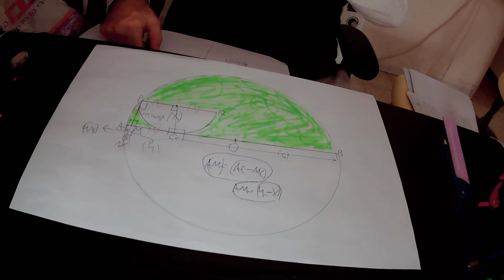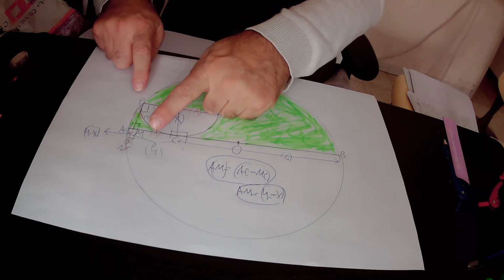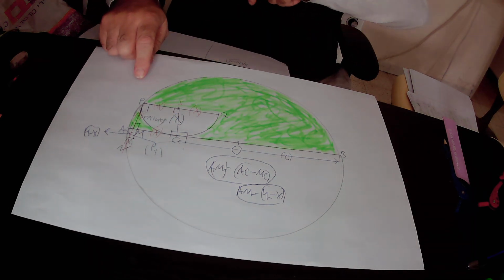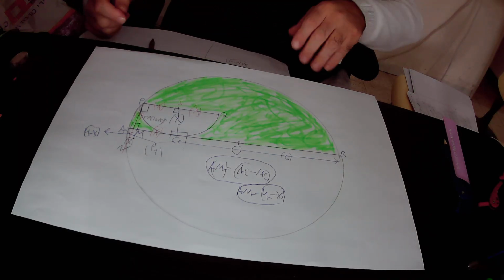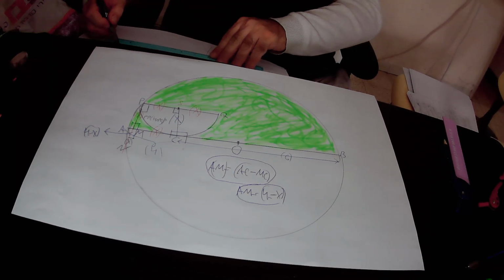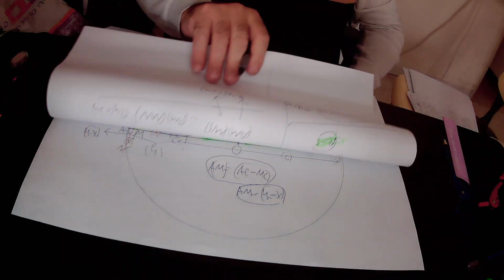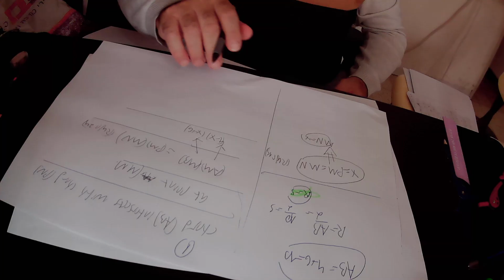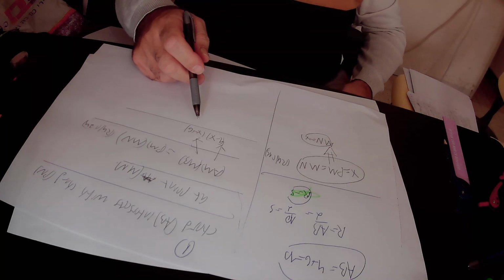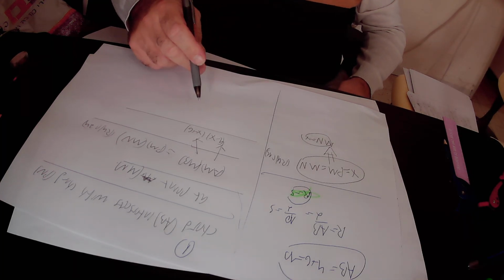This equals PM, which is x, times MN, which is also x. So PM times MN is x squared. So in total we found that (4 minus x) times (x plus 6) equals x squared.